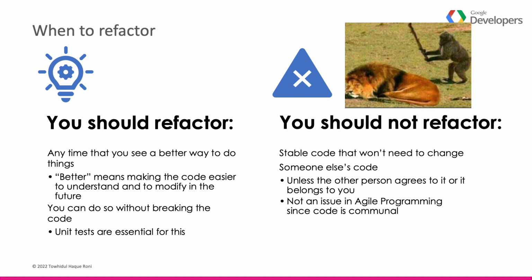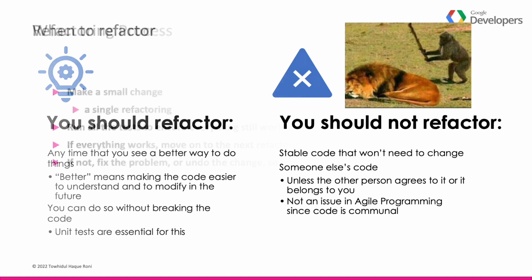Unless we have their explicit agreement or ownership over the code, it's best not to go swinging the refactoring stick around. We wouldn't want the lion's roar of disapproval, would we? However, in agile programming, where collaboration and shared ownership are valued, this becomes less of a concern.